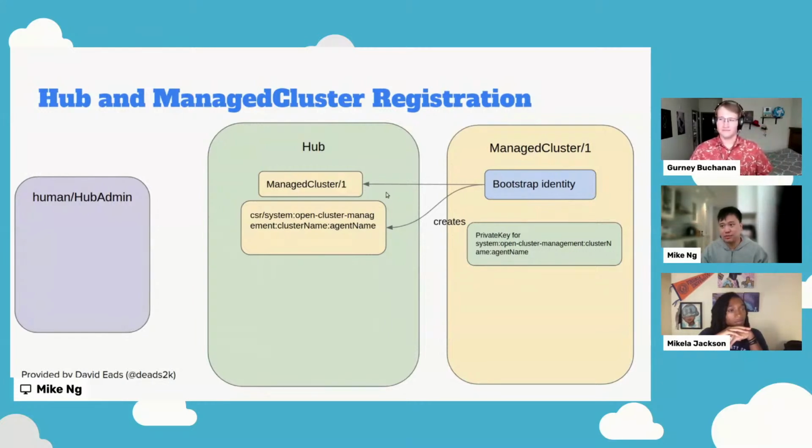And the bootstrap identity is what we started with, which was the service account. So the service account that the hub admin shares with the remote or the spoke cluster, and the managed cluster uses that bootstrap identity. Basically it goes like, "Hey, I want to create this custom resource, ManagedCluster.